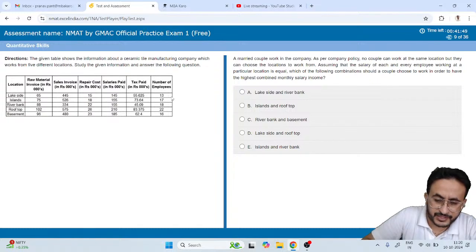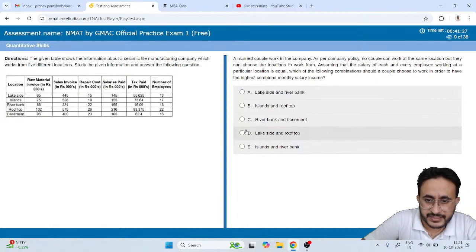River bank is somewhere around 8.5. 22, this is 9 is 190, 9.5. Rooftop is 9.5. And 16 into 185, that is 185 by 16 is definitely much higher. It is 11.176. So 11.5. So Lakeside and basement.